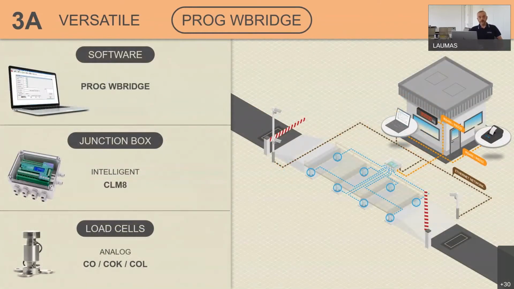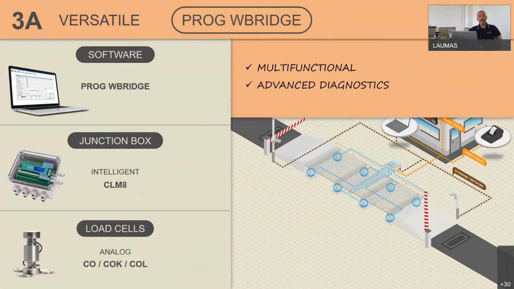The first configuration is composed of analog load cells and a smart junction box model CLM8, connected via Ethernet TCP/IP to the software Prog W Bridge and via serial communication to a remote display. Possibly, you can also connect external cameras that are not supplied by LAUMAS.